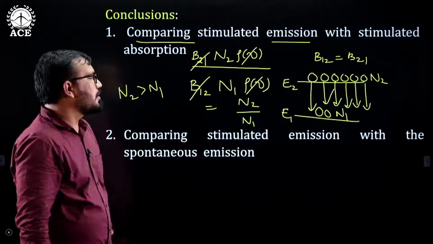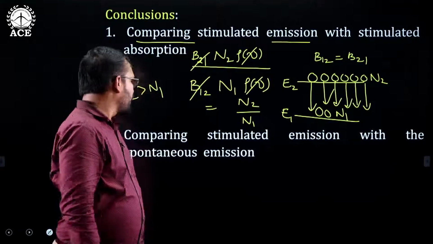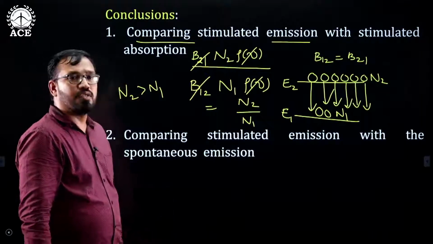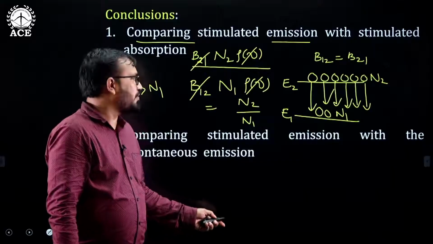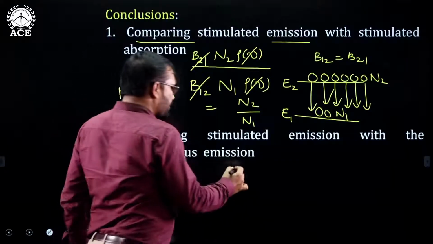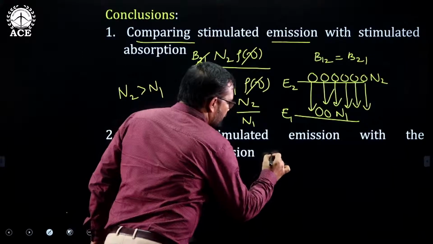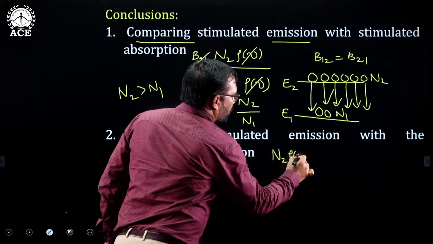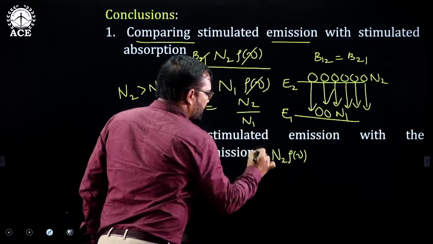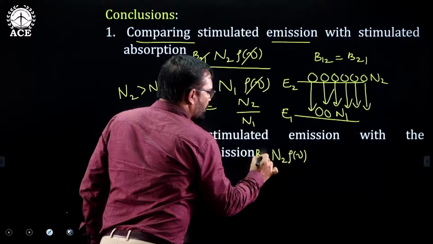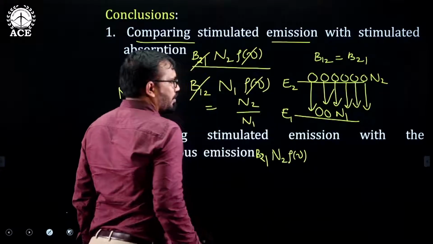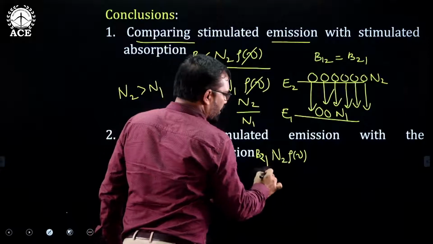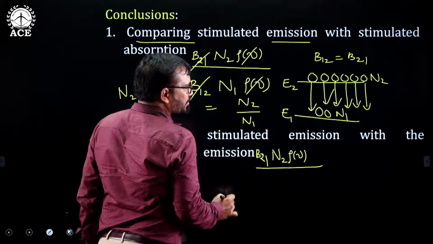Next, comparing stimulated emission with spontaneous emission. Here, what do you have? Stimulated emission is B21, N2, rho nu, divided by spontaneous emission.